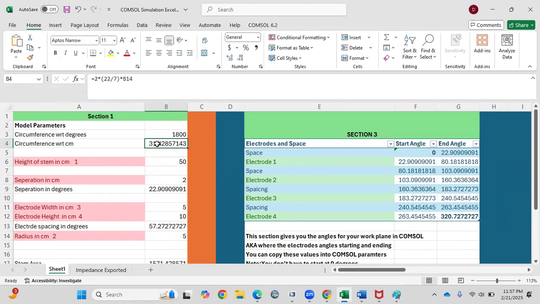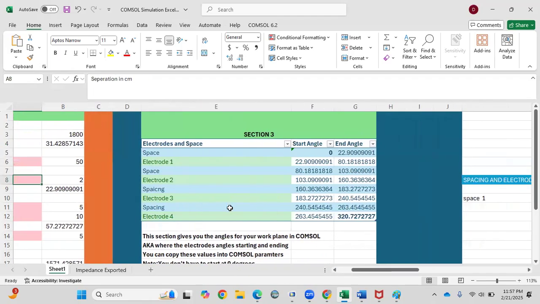It's like if you have a roll of foil paper and you roll it out flat, that will literally be the length. So whatever you assume for your separation and electrode width, when you cumulatively add the spaces and the 4 electrodes to go around, it has to fit. If it's more, that means it's not going to fit. So you have to pick a smaller width and a smaller separation to fit in.